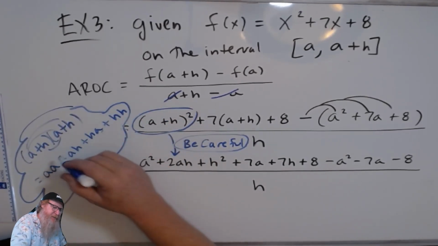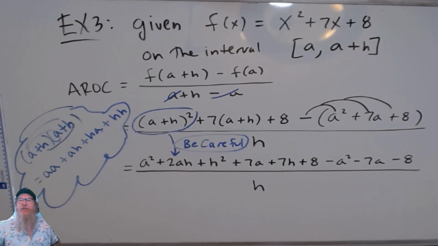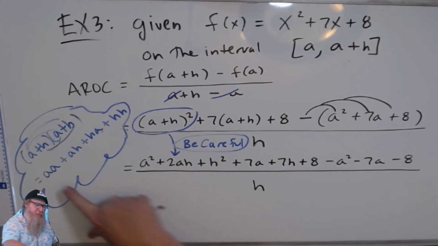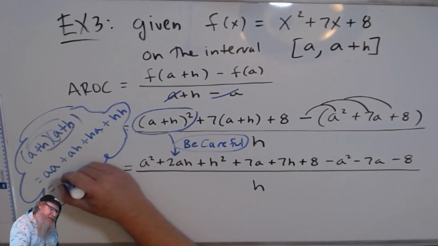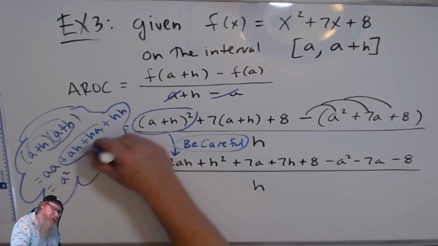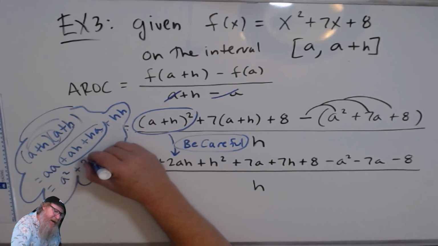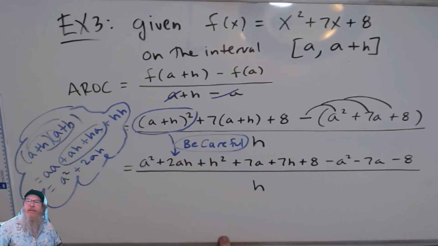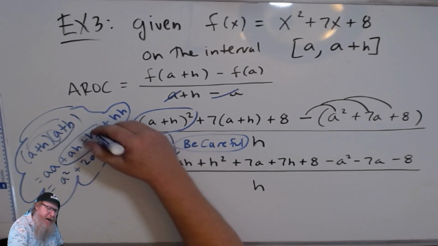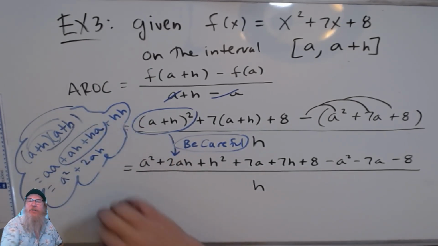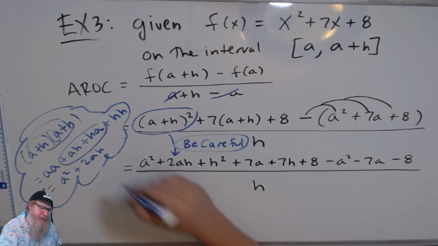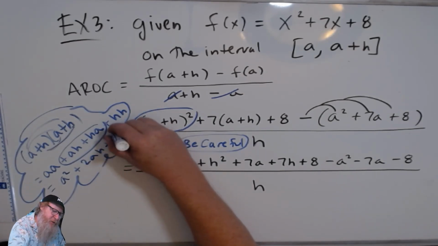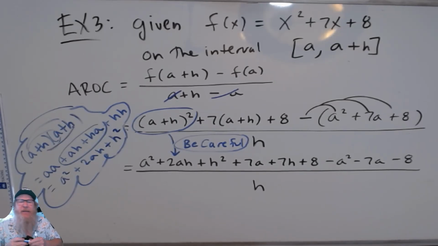You guys remember basic multiplication, also known as FOIL. There are 4 terms: the first, the outer, the inner, and the last. So that's A squared. You have 2 AHs. And you might go, well, one of them's an HA and the other one's an AH, but the commutative property says that the order doesn't matter. And then you have an HH, which is an H squared. So that's your 10-second algebra review.